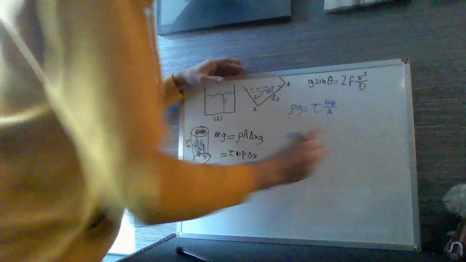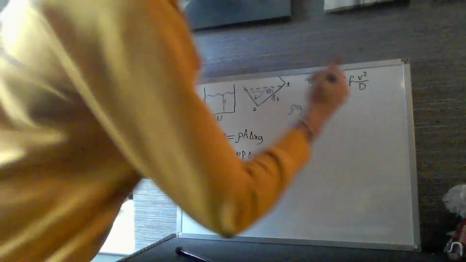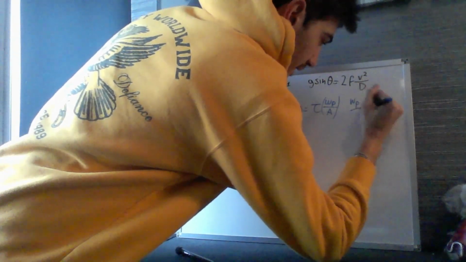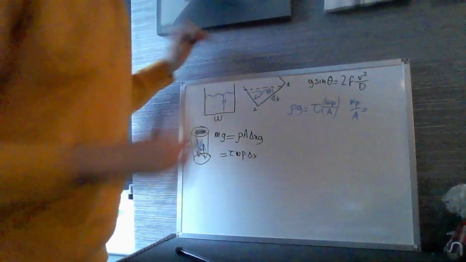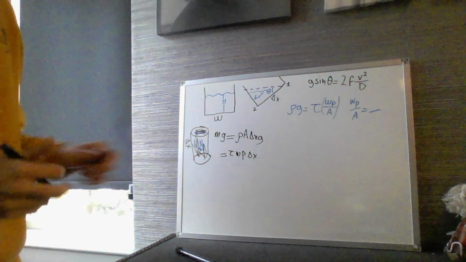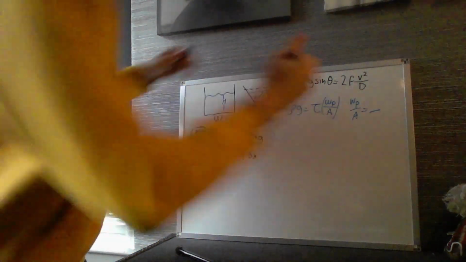What we can do is write an expression or a ratio for the wetted perimeter to area. As you may recall, I said that the wetted perimeter is equal to circumference, and we know what the area is, right? We know that the wetted perimeter is circumference, so that is equal simply to pi d, right?